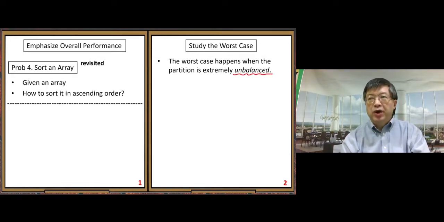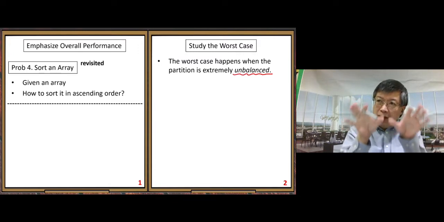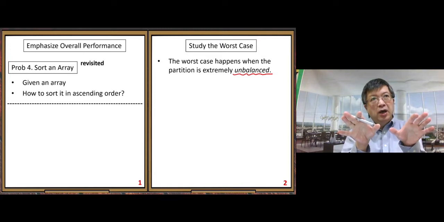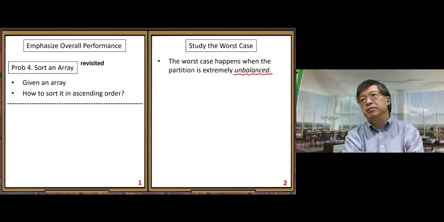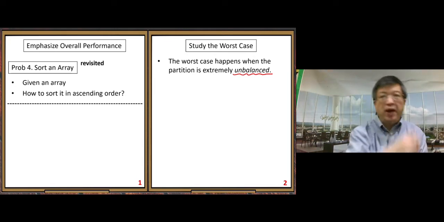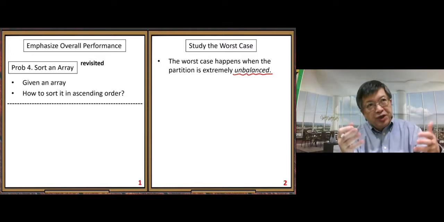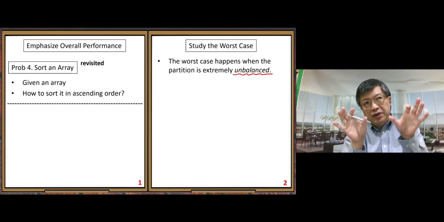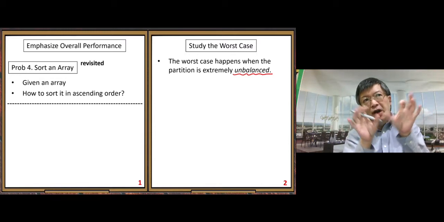Based on the balancing principle, the best case should correspond to the most balanced partition. The two subarrays almost have the same size. In that situation, the overall performance is the best. So the opposite, the worst case: the two subarrays, the size difference is the largest.